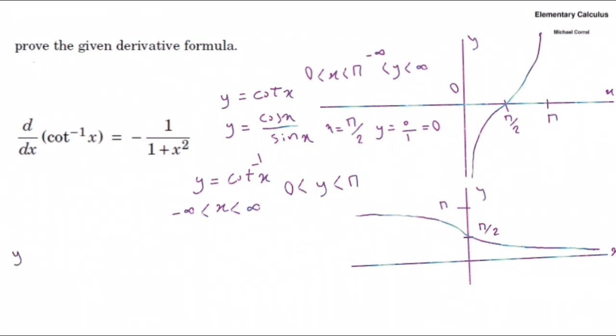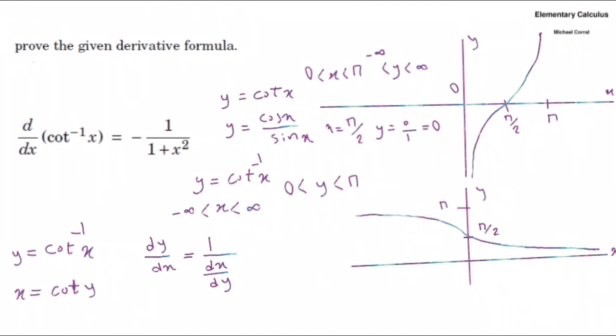Then y equals the inverse function of cotangent x, and the derivative of y with respect to x equals 1 over the derivative of x with respect to y, and we know that x equals cotangent y.